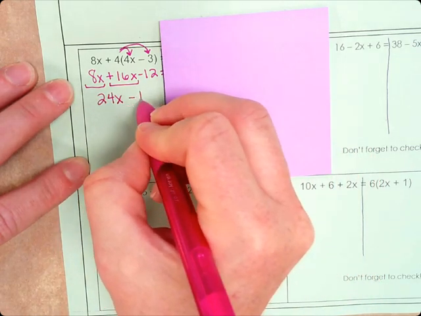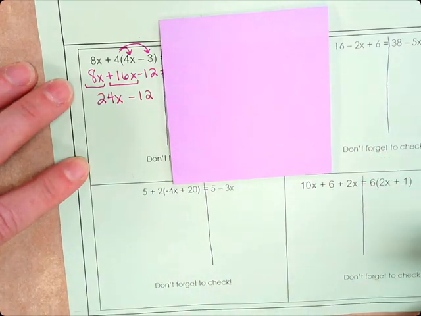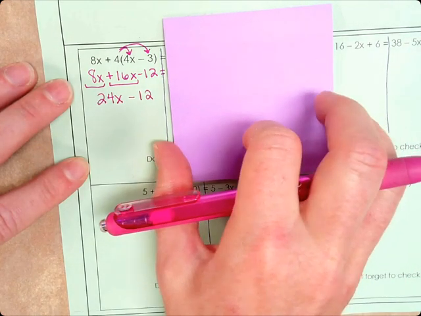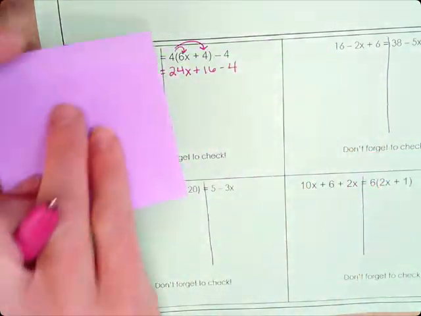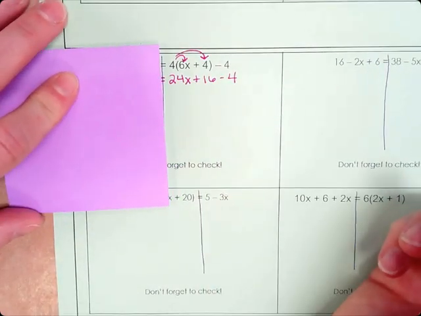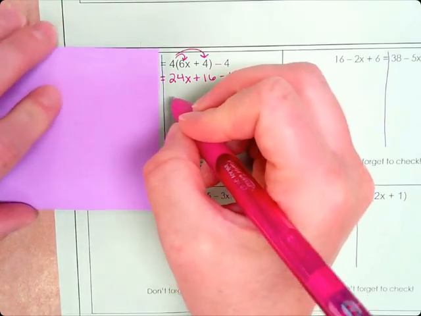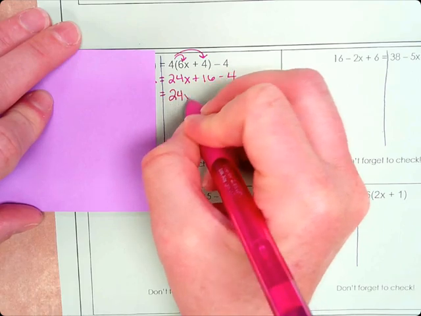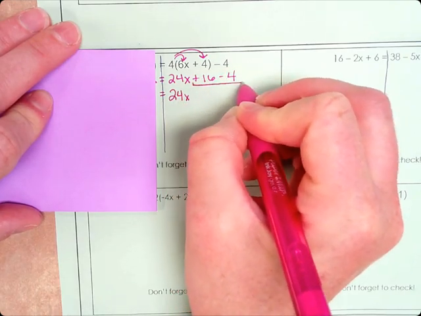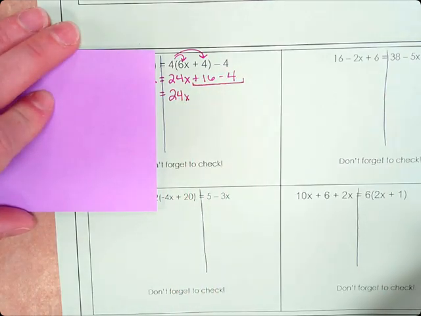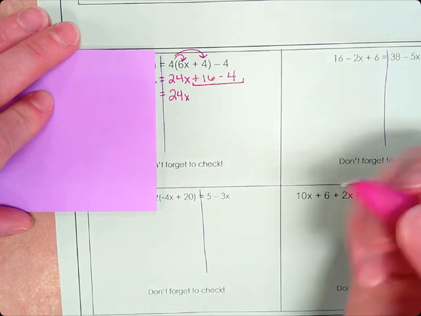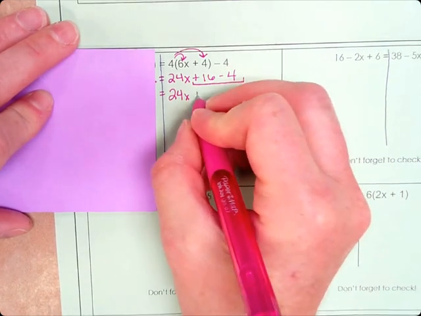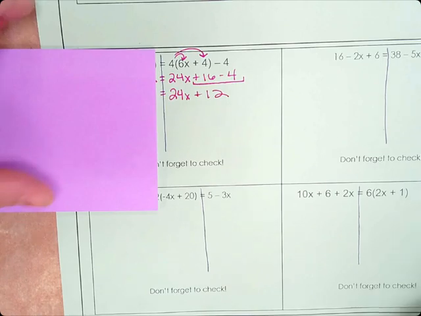And then the minus 12, because I'm just bringing it down. And now I look at the other side. There's no other x's, so I'm just going to write 24x. But there is a 16 minus 4, and they're right beside each other. So if I have 16, I take 4 away, I get plus 12.